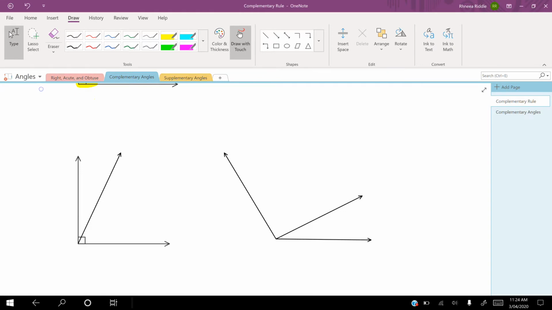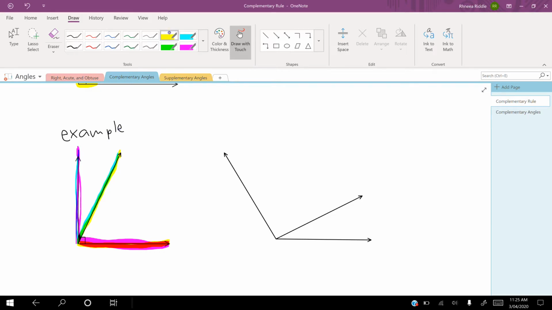So if we go down here, we can see two different kinds of angles. We can see how there's this angle here and this one here. And when they combine together, they make one large right angle. So this is an example of a complementary angle.